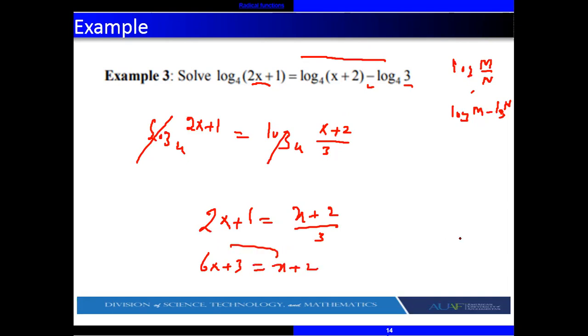So if you transfer x to other side, we have 6x minus x. This side we have 2, and you transfer 3 to this side, become minus 3. It means 5x equal to minus 1. If you divide both sides by 5, so what is the result? Result of x, x is equal to what? x is equal to minus 1 over 5.